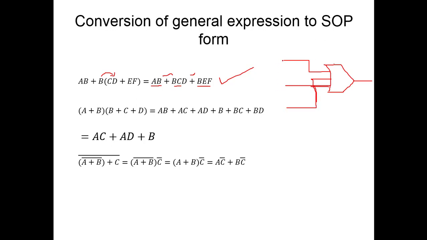First AND gate takes the product of A, B. Second AND gate takes the product of B, C, D, and the third one produces the product of B, E and F.